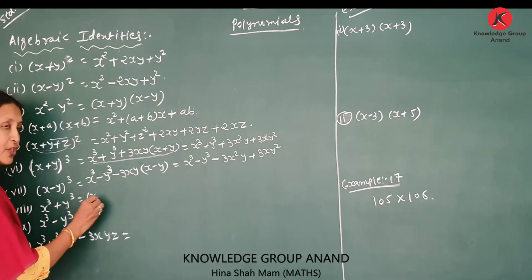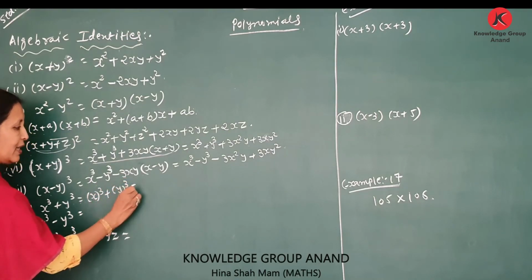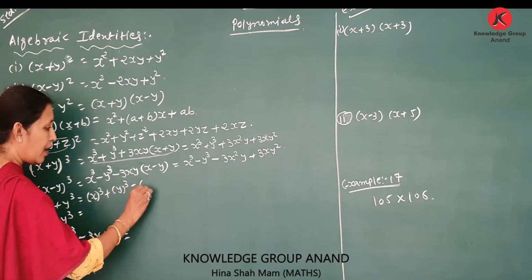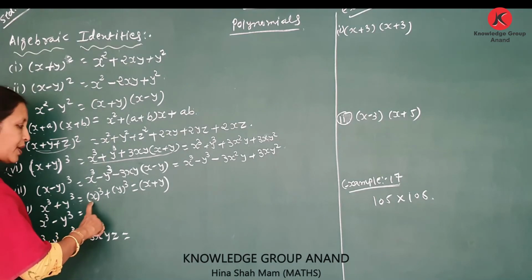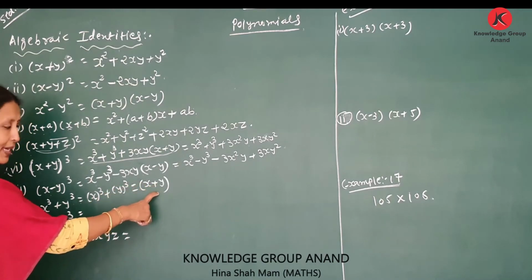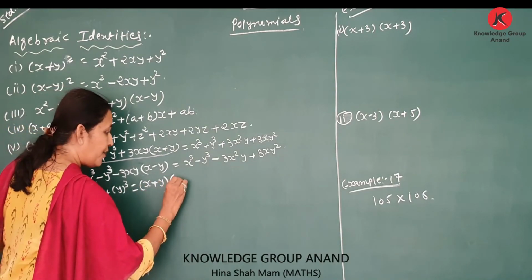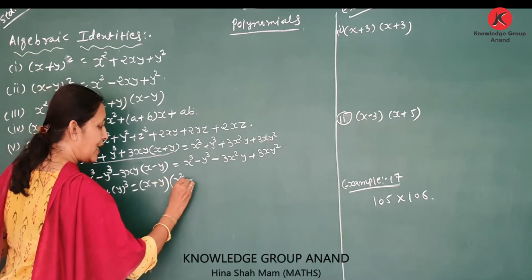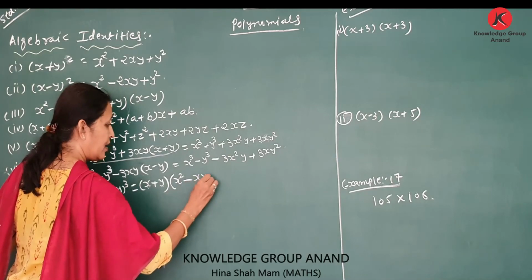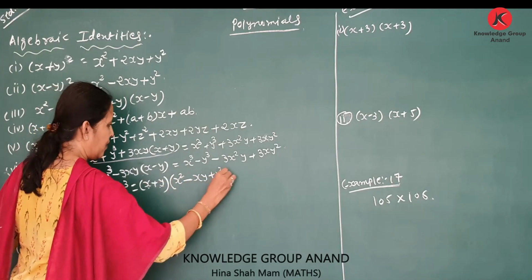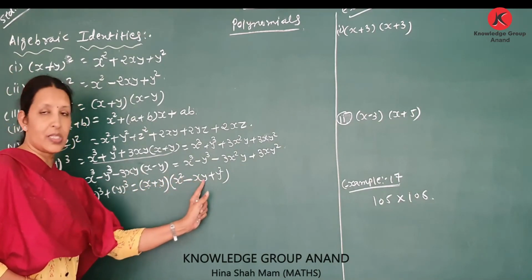x cube is which term's cube? x cube. And y cube is y cube. Then we write, here we write our expansion, factorize: (x plus y) into bracket. First term x plus y. The second bracket: from the first term, square of the first term x square, opposite sign minus, multiplication of both terms xy, plus square of the last term y square. Here don't write 2xy.